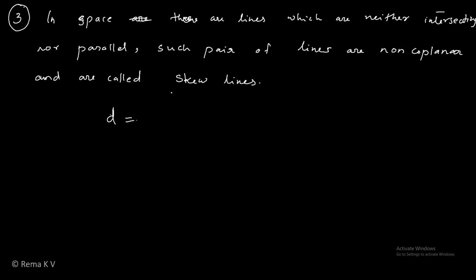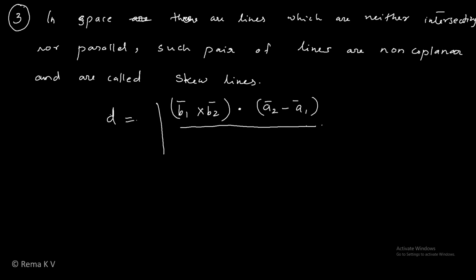D equals modulus of b1 cross b2 dot a2 minus a1 divided by modulus of b1 cross b2.